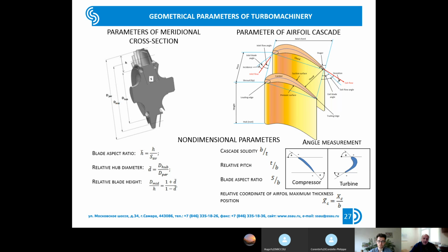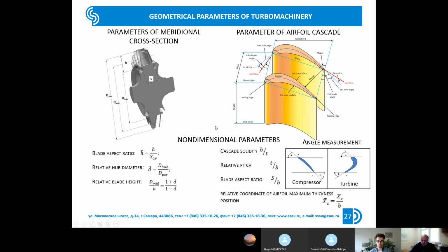Very often when I want to draw turbomachinery, I end up drawing a turbine. So the first part, the parameters of the meridional cross section, we have already discussed. Okay, let's discuss the parameters of the airfoils and the blade rows.